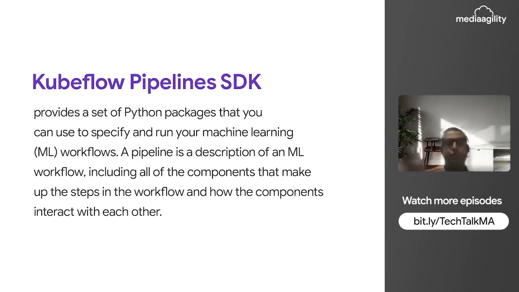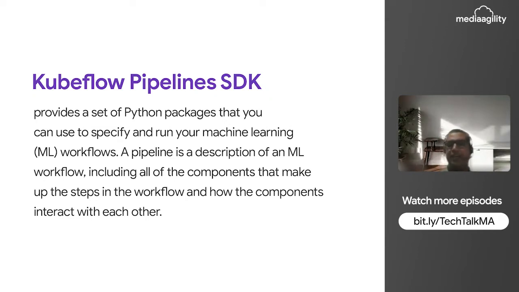In the Kubeflow presentation, we are going to demonstrate how we can use the Vertex AI Kubeflow pipeline. We use the Kubeflow Pipelines SDK, which provides a set of Python packages that we can use to specify and run our machine learning workflows.